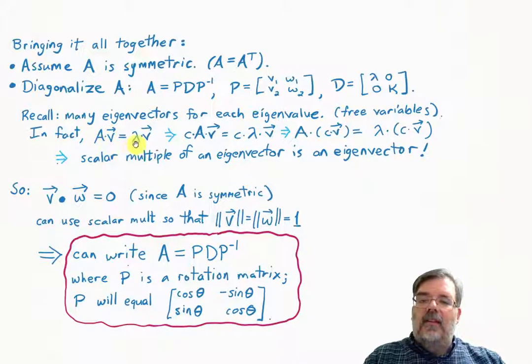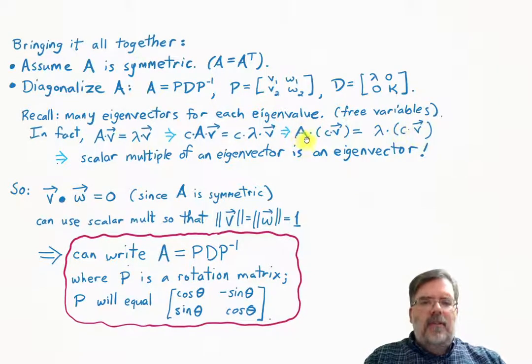And in fact, here's something which is useful. Let's say that lambda is an eigenvalue and v is an eigenvector. So we know A times v equals lambda times v. I could take this equation and multiply both sides by c, some constant. Then I could pull that factor of c through, and I notice that A times c times v is equal to lambda times c times v.